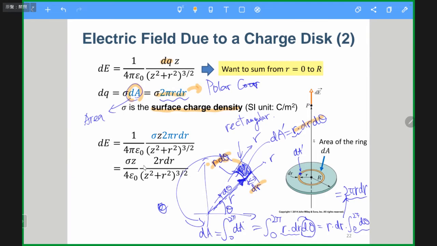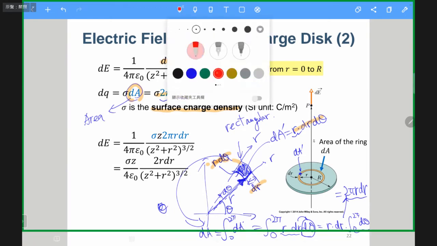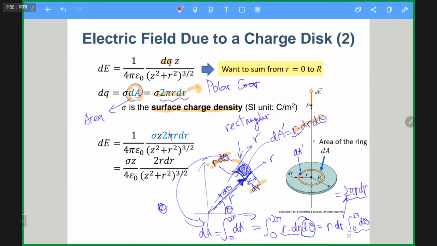And here we do some cancellation, which means we cancel this pi with this pi, and then we put these two in the front. So we have sigma z here, and then we have 2r dr here. And the other stuff remains: this is 4 epsilon naught, and this one and this one.